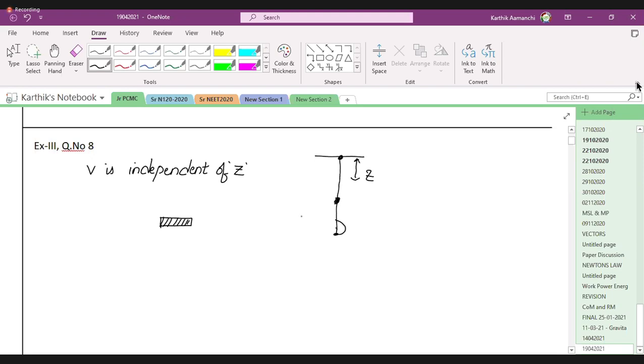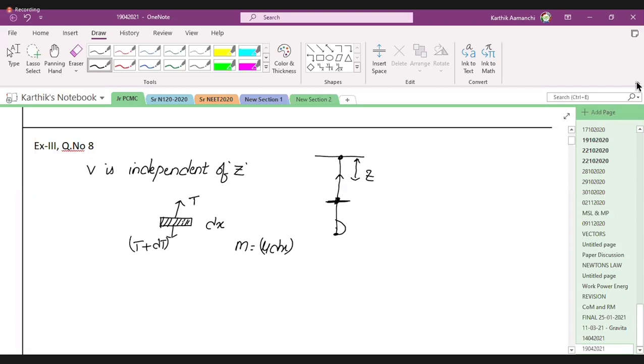So a small element is dx, right? The mass of this will be mu into dx. For this, there is a tension acting upwards, isn't it? Above the element you have some tension T, so below you'll have some tension T plus dT.